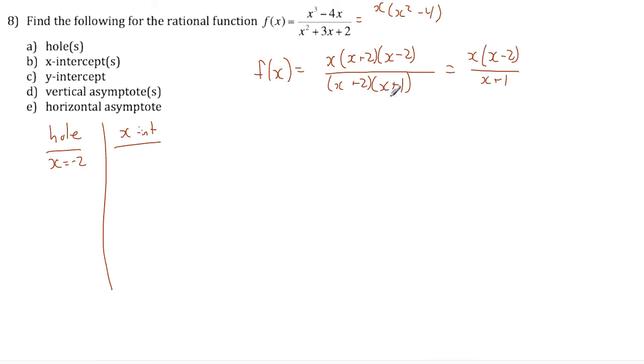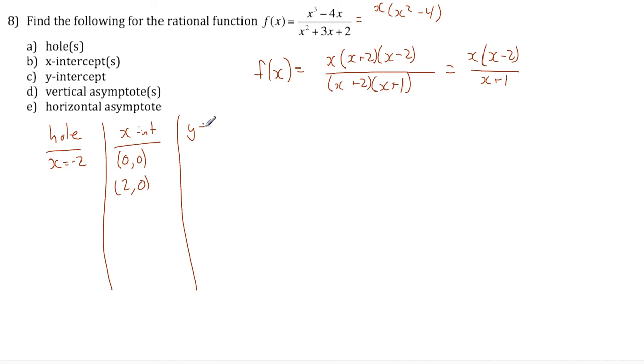If the denominator is equal to 0, then it's undefined. So we're going to put the numerator, specifically the numerator that's left, equal to 0. This is x is 0 and x is positive 2. So we're going to have 0, 0, and we're also going to have 2, 0.